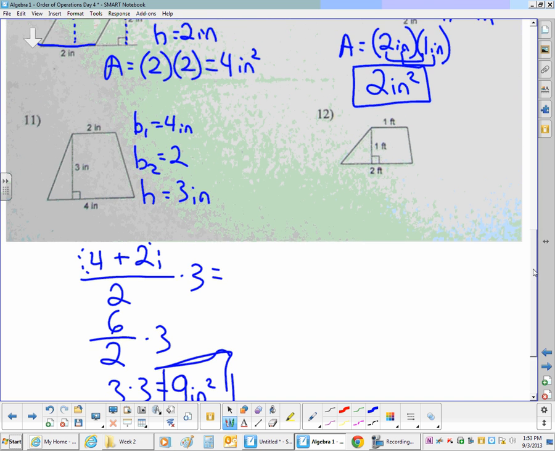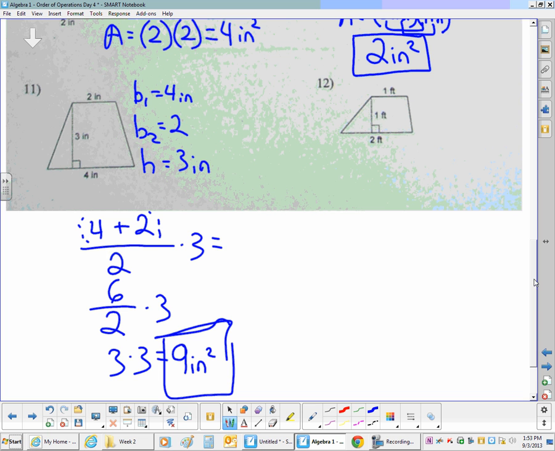We're going to use the same formula for number 12. B1 is 2 feet. B2 is 1 foot. H is 1 foot. And then we'll plug everything into our formula.